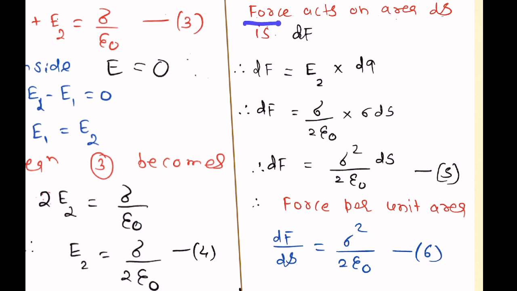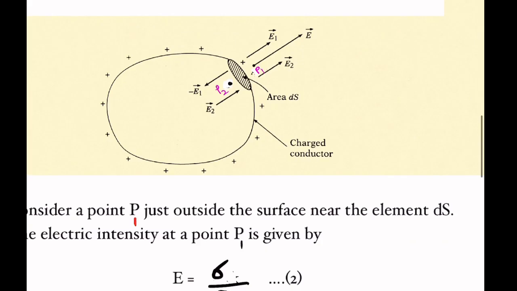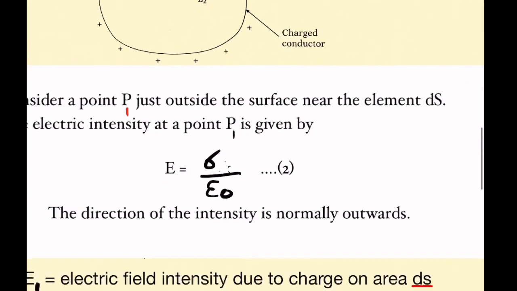Therefore, force acting on area ds is represented as dF. Then, on this area ds, the electric field intensity is due to remaining charge, E2. We know that force acting on any small surface is due to the electric field of other charges, not due to its own charge.